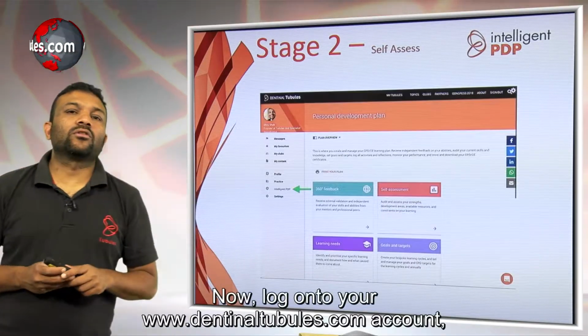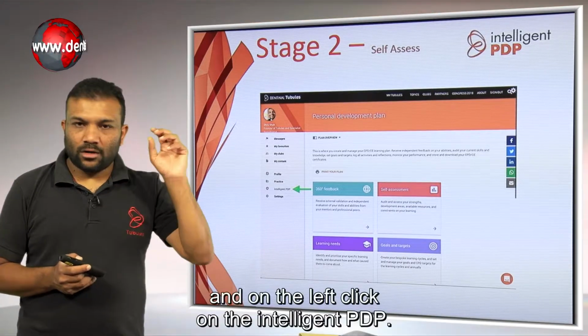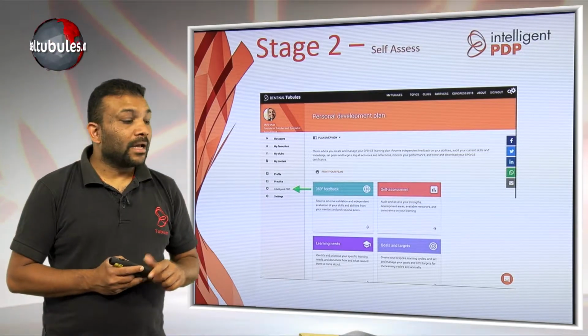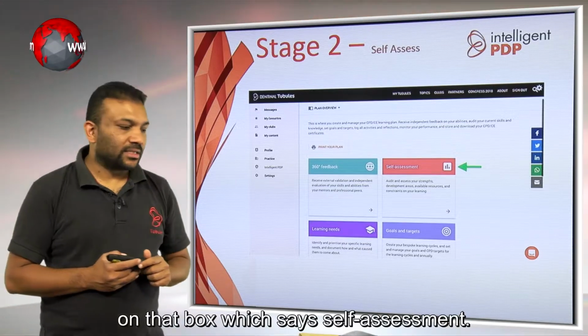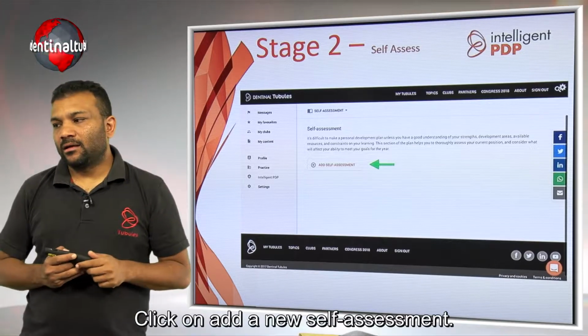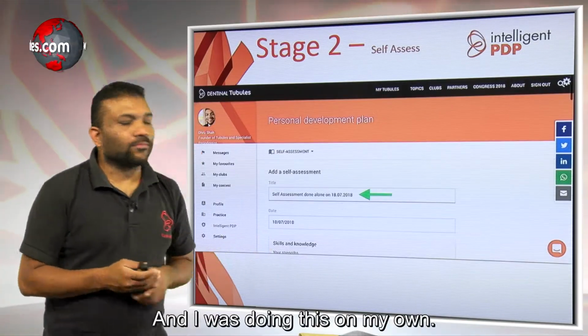Now, log on to your www.DentinalTubules.com account. And on the left, click on the Intelligent PDP. And then go ahead and click on that box which says Self-Assessment. Click on Add a new self-assessment. Now that's what I've done, and I was doing this on my own.